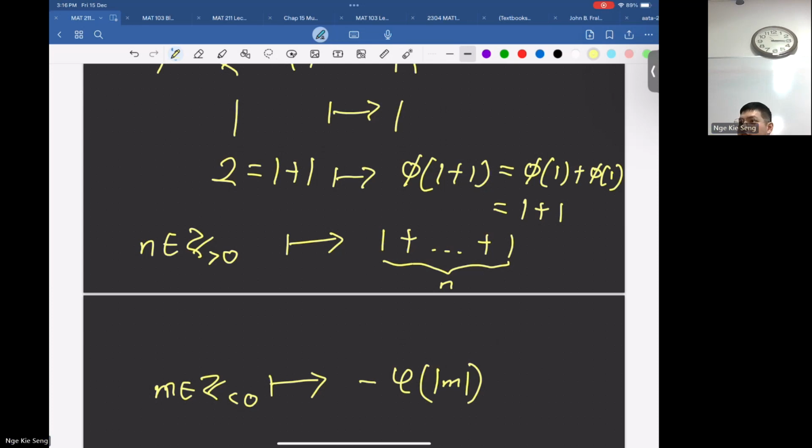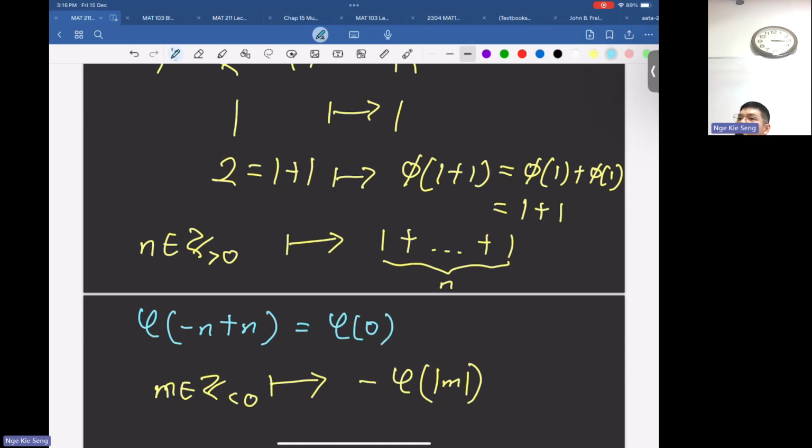Makes sense? Okay. So why is this true? When you define it, you need to check your group homomorphism, right? So let's say we start with this positive n here. What do we get? Phi of minus n plus n equals what? Phi of 0.